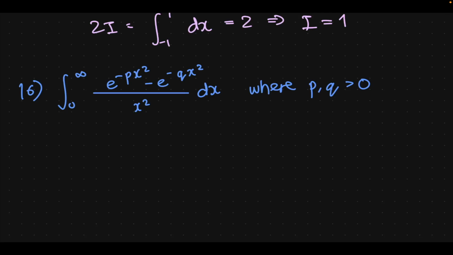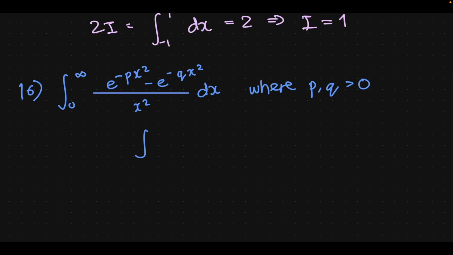There's many ways of doing this. You could force a Frullani here by introducing some other exponential in between. You could use Feynman, which is probably the most sure shot method if everything else fails, or try a more elegant method that I'm going to show you.